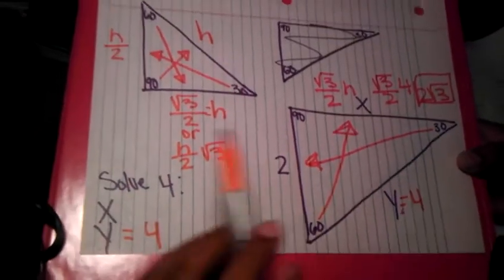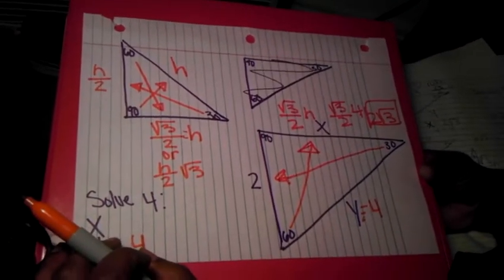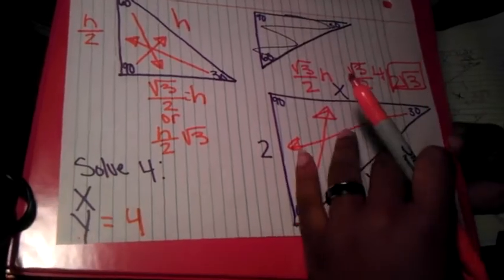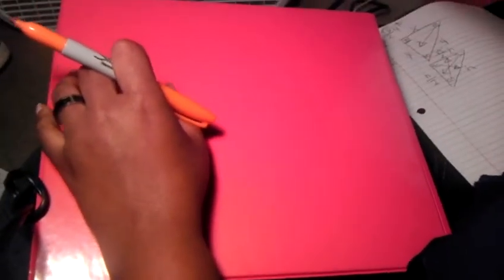Now, I hope that helps. I could do one more, so we'll see if you got it. Okay, so let's say you have a 30, 60, 90 triangle like we just did.